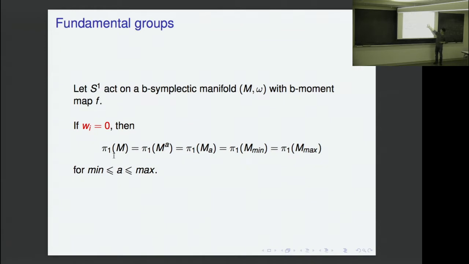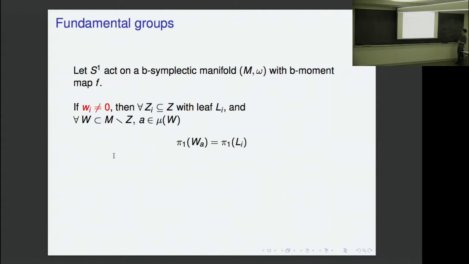And here we are considering circle action, but this is extendable to torus action. But for simplicity, let's just talk about the circle action. And we have all this identification of pi 1s. Now if we move to the case of non-zero modular weights, then we just do almost the same arguments like here. We take an open components outside of a singular locus and then do the symplectic cuts. And on this symplectic manifold, there is an induced canonical torus action, and it will be Hamiltonian.